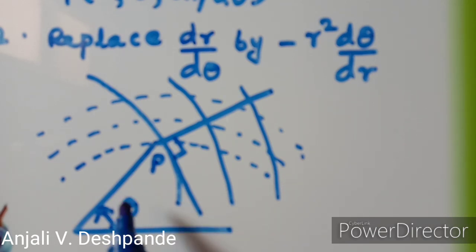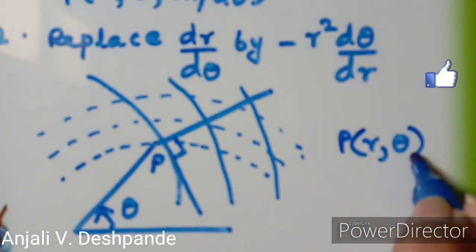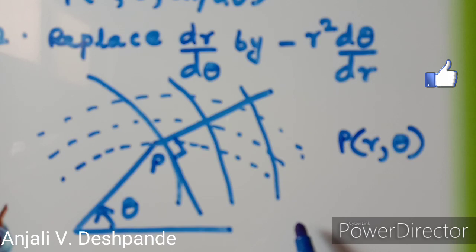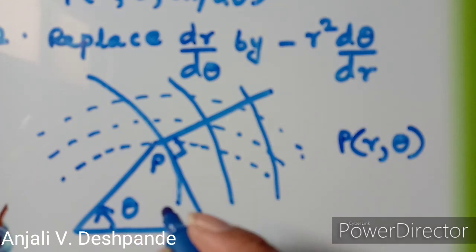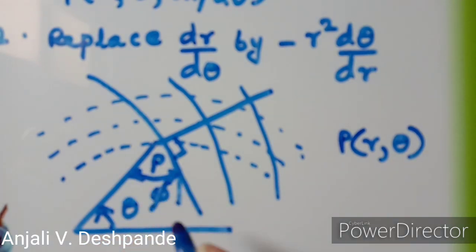So for this point P, which in polar form is defined as P(r, theta), this is the angle phi, and tan phi is r d theta by dr.